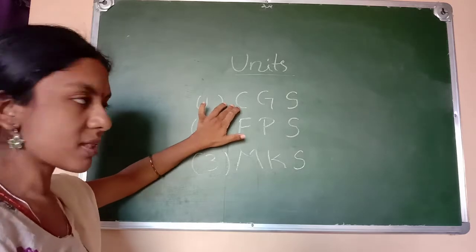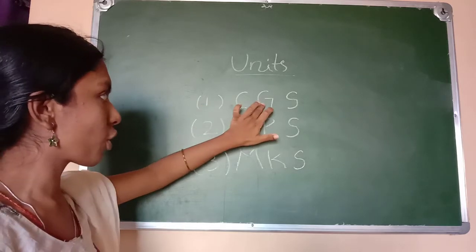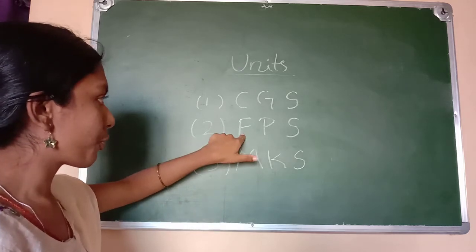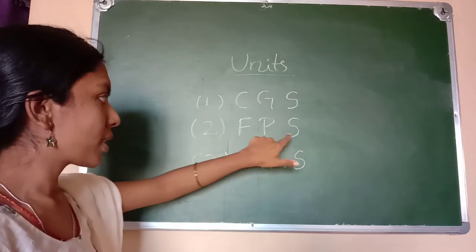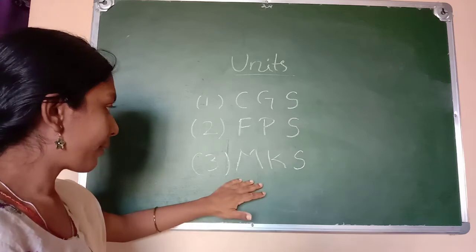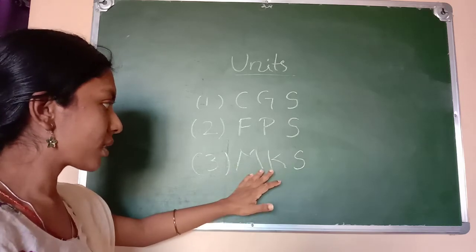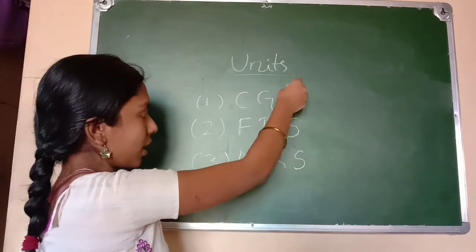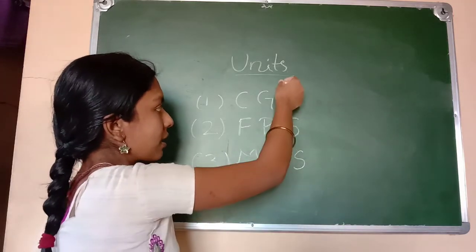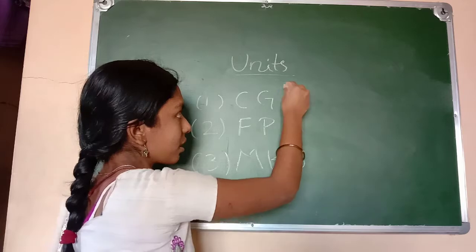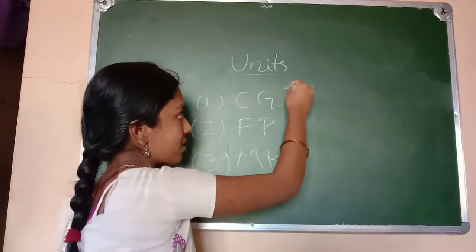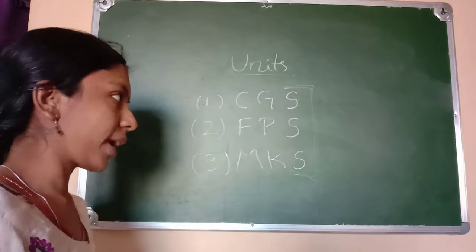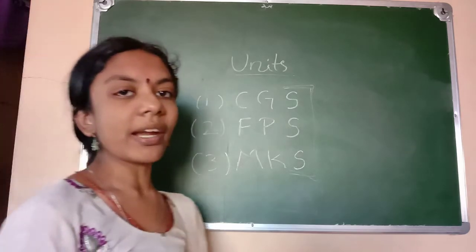C centimeter, G for gram, S for second. In FPS, F is foot, P for pound, S for seconds. And for third, MKS, meter, kilogram and second. So one thing you see in common is time is measured always in terms of seconds, in all the three systems.